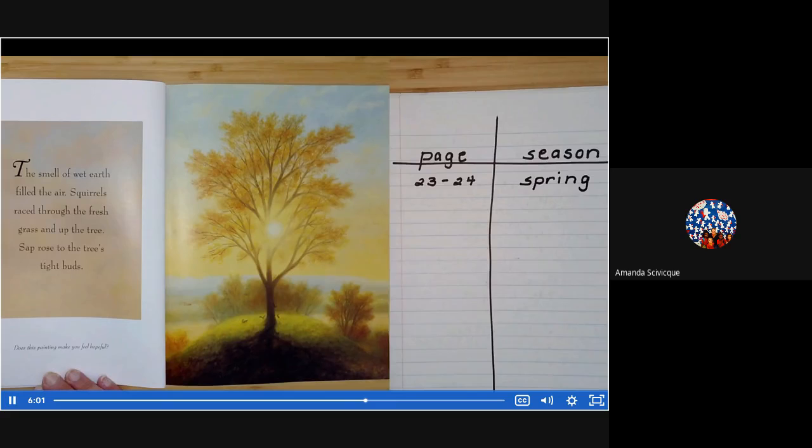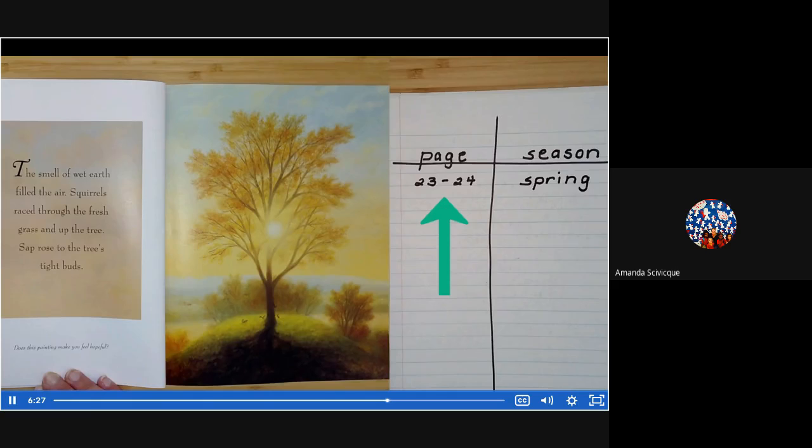I also jotted down the page number so I could share this information with others. Even though there are no page numbers on the pages of my book, I just started at the front and counted up to the page that I read.